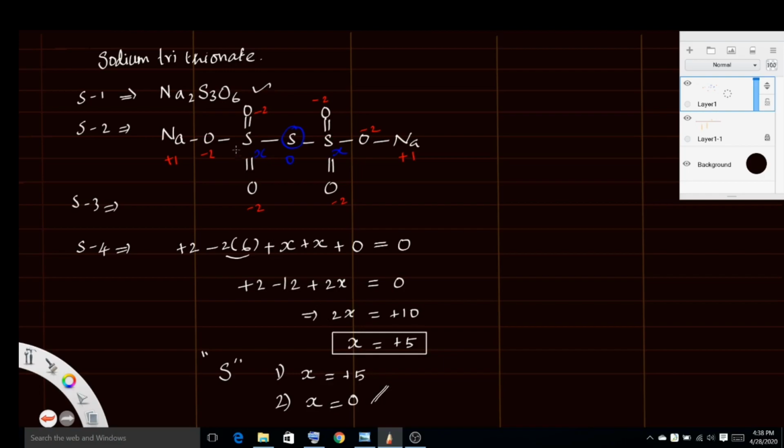So we have the sulfur surrounded by 3 oxygens and 1 sulfur having plus 5 as the oxidation state. So both are plus 5, and the middle sulfur has the oxidation state 0 because the surrounding atoms are the same as sulfur.